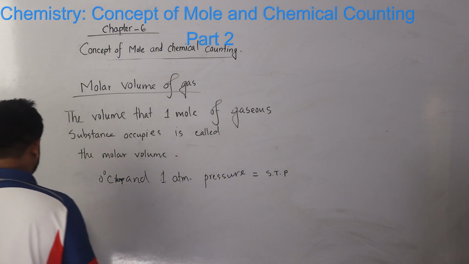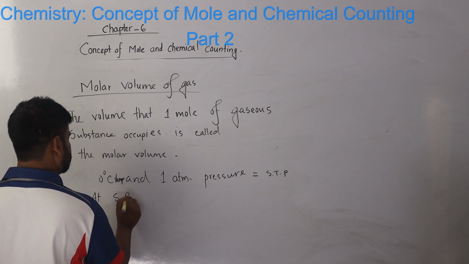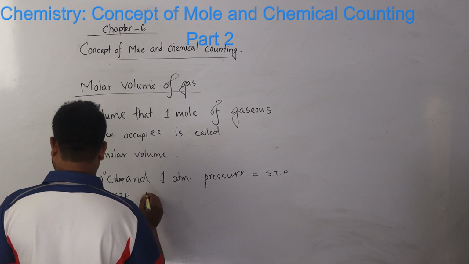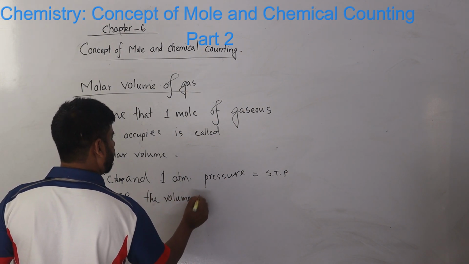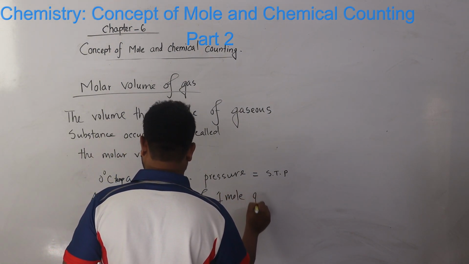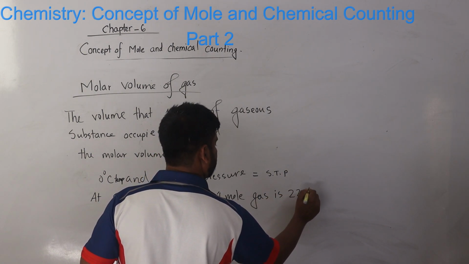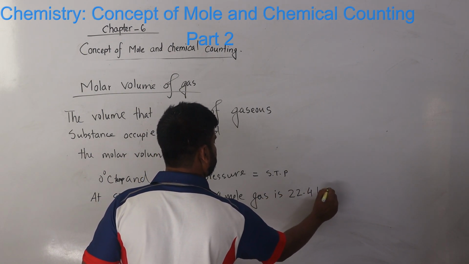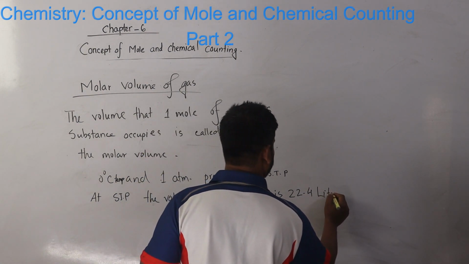The volume at STP, standard temperature pressure, of 1 mole of gas is 22.4 liter.